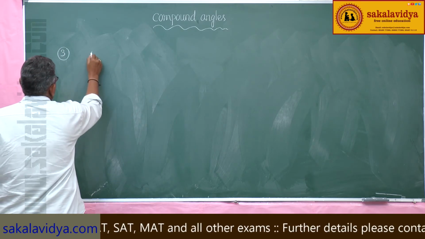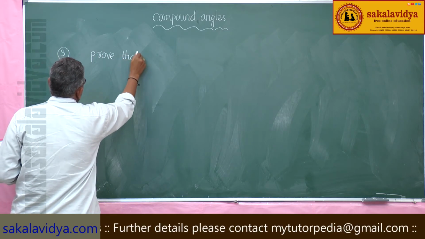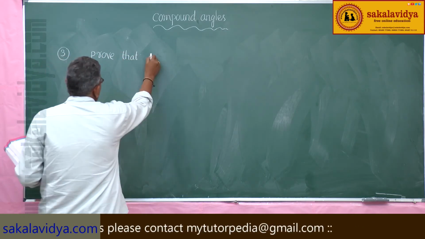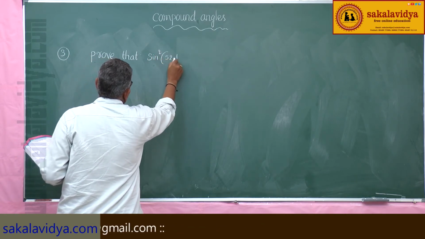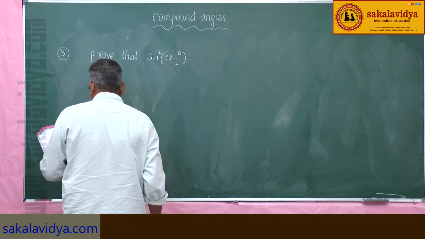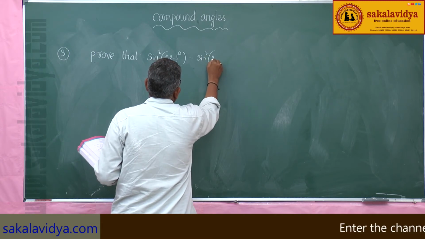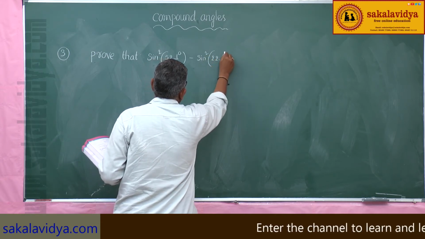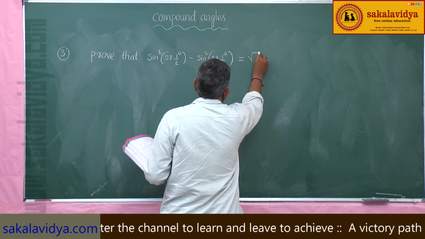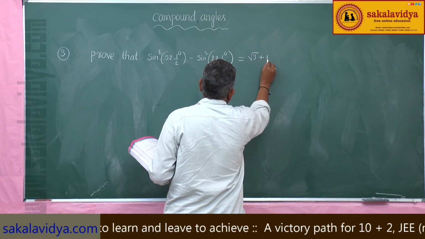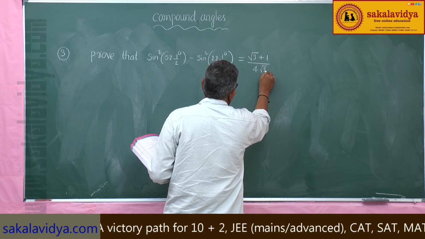Prove that sin square 52.5 degrees minus sin square 22.5 degrees is equal to root 3 plus 1 by 4 root 2. Okay.